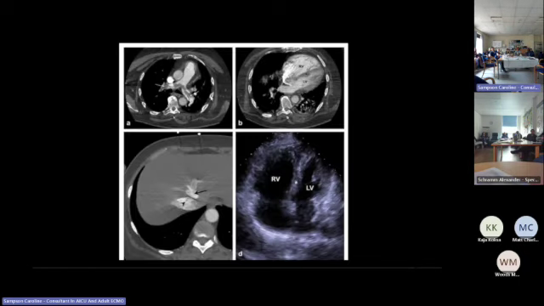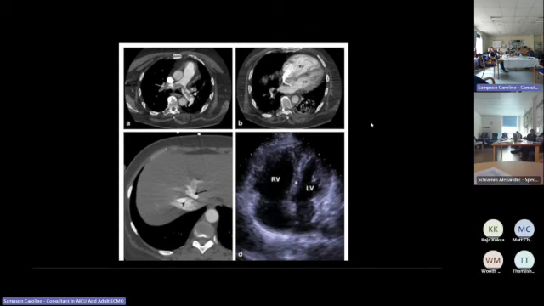Just very briefly, this is your classic saddle embolus appearance. In this type of scenario, you very, very commonly get a flipped RV-LV ratio. So the RV in this situation is larger in diameter compared to the LV, which is a good surrogate for right ventricular dysfunction and necrosis.